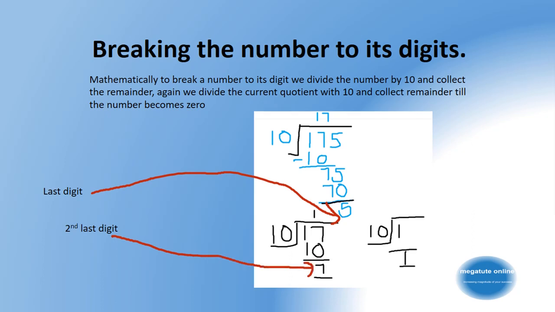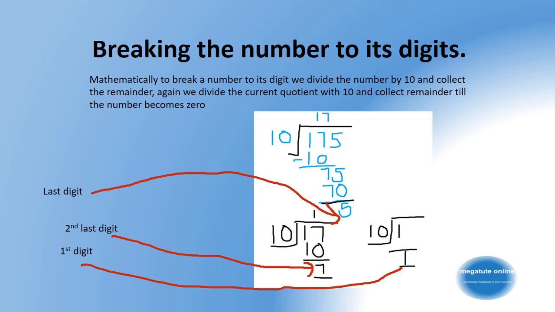And after that, the third in the process, we got 1, which is the first digit, which is the last remainder. So this way this process mathematically breaks a number into digits.